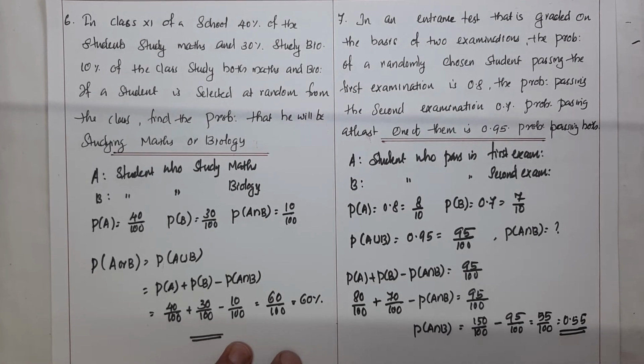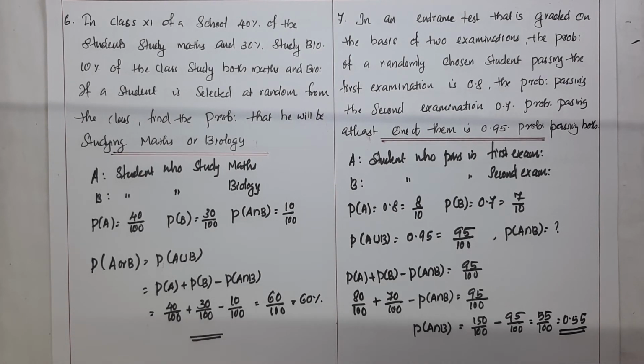That's all. It's a very simple question. First of all, apply the formula P of A union B equal to P of A plus P of B minus P of A intersection B. Here, at least one of them means P of A union B. Okay.